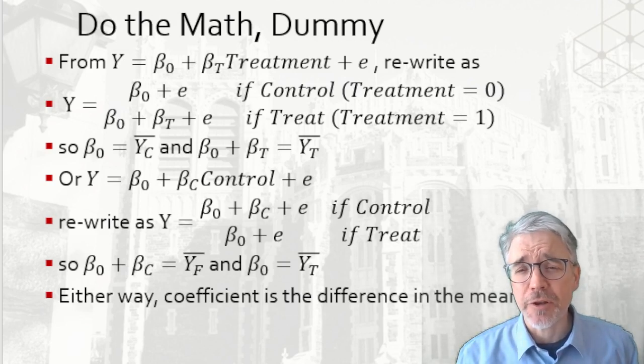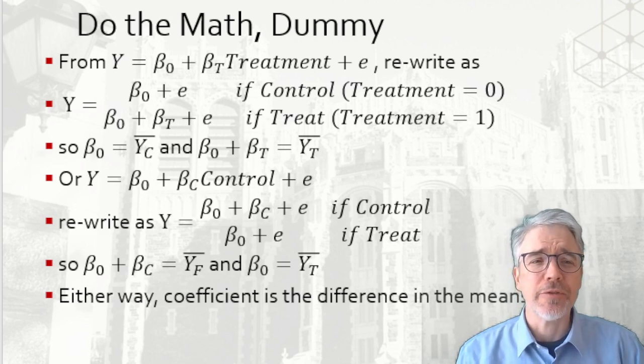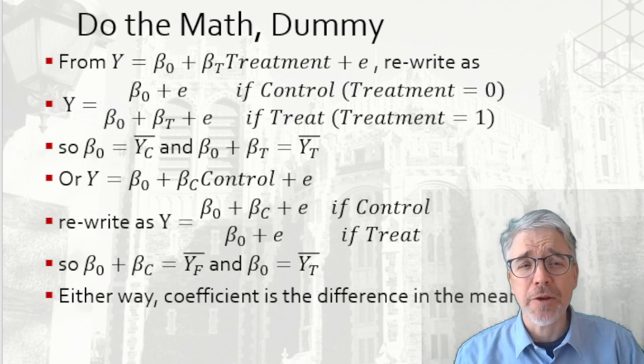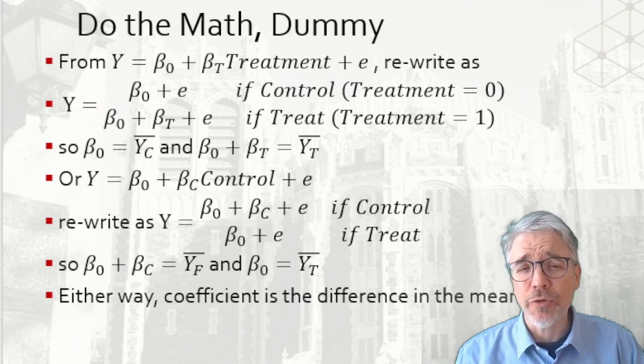So that just means the impact is different by some factor if the person is in the treatment group. The regression would estimate beta naught as the mean of the y variables among the control group and estimate beta naught plus beta t as the mean of the y variables among the treatment group.